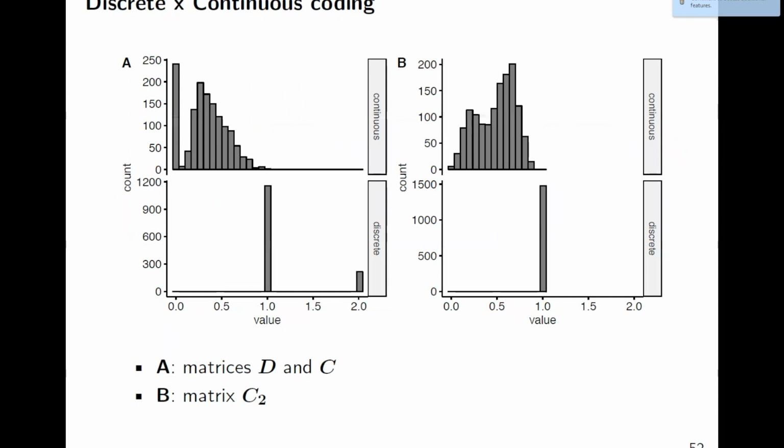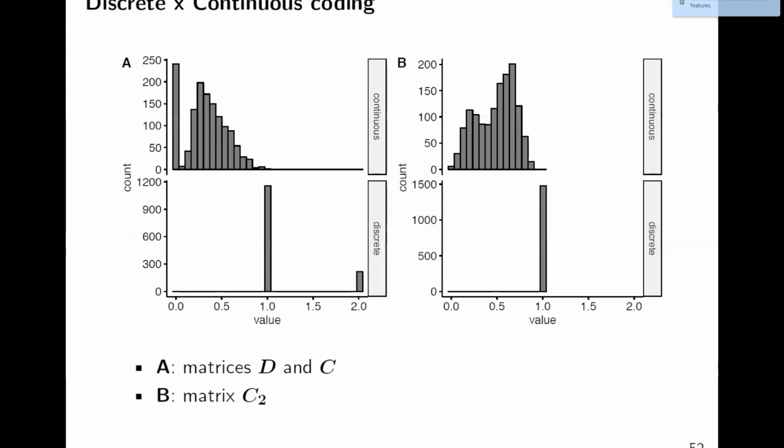So here's an example of how that works in the actual data that we have. I'm showing here one SNP and another SNP. On top you have the continuous coding, and on the bottom the discrete coding, and those are the histograms from my data. Under discrete coding I had just the values 1 and 2, for instance.